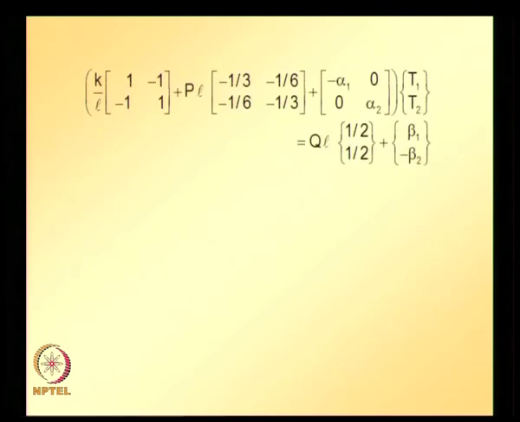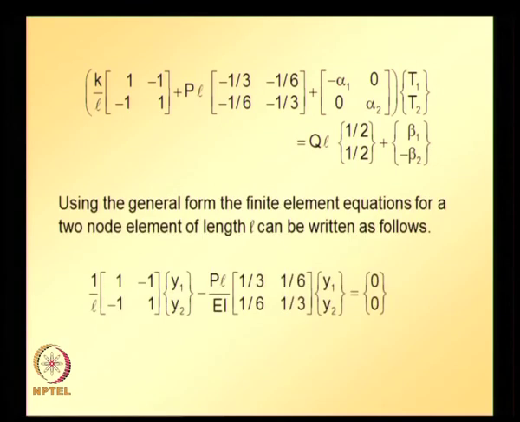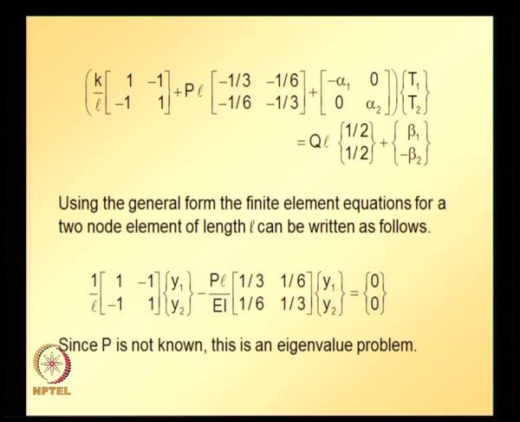This is the general one dimensional boundary value problem element equation. Now making substitution of k, p, q into this equation, which correspond to the buckling problem, we get the finite element equations for a 2 node element of length L for the buckling problem, which can be written like this. And here we do not know what P is, we need to determine P. Since P is not known, this is an eigenvalue problem.